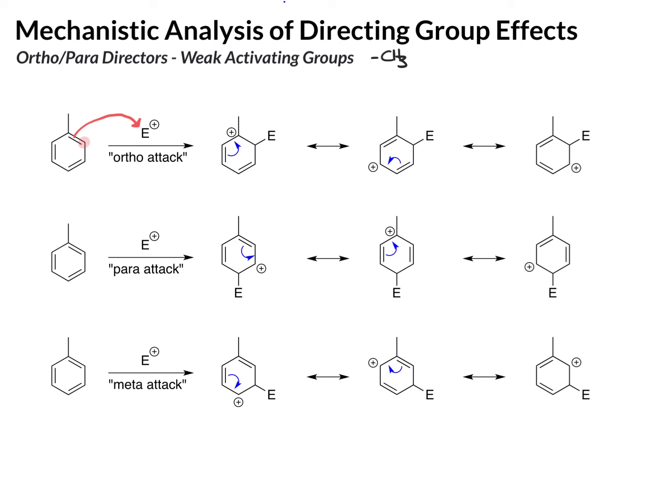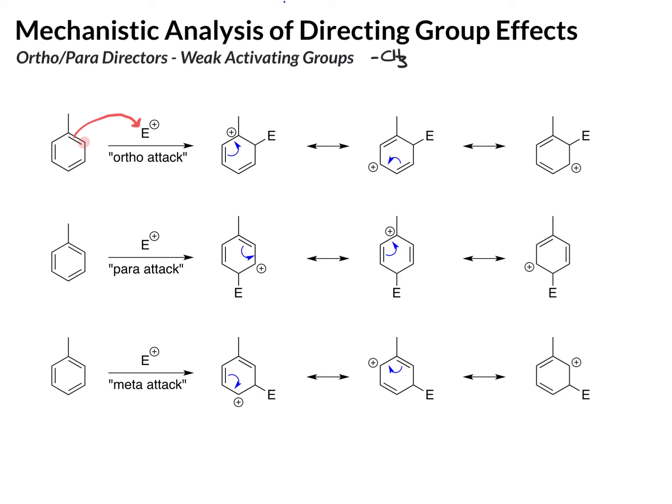Now, this carbocation is next to a pi bond, so we draw a resonance structure to get to this carbocation, and then because it's next to this pi bond, we can draw one more resonance structure going to here. So we get these three resonance structures under ortho attack.